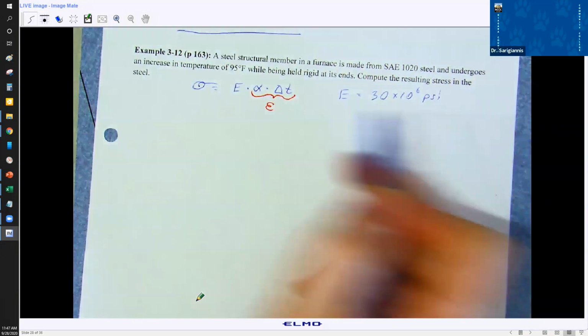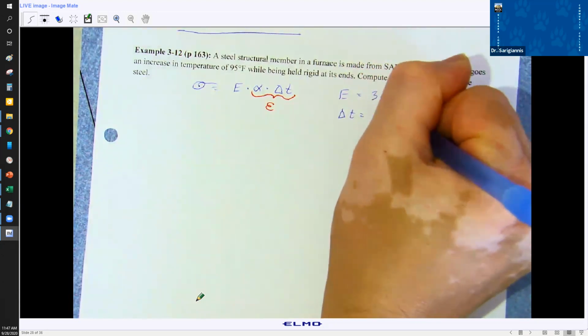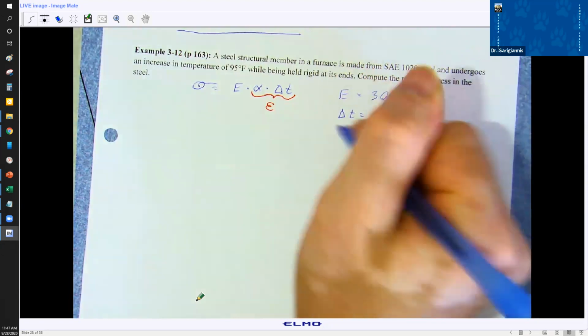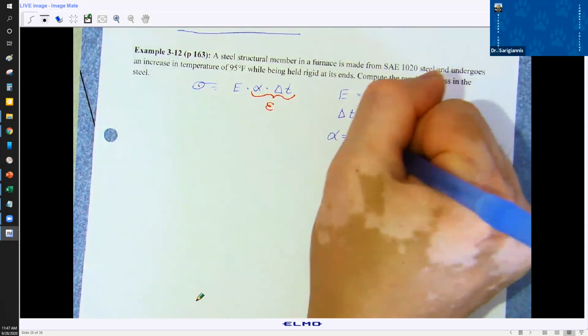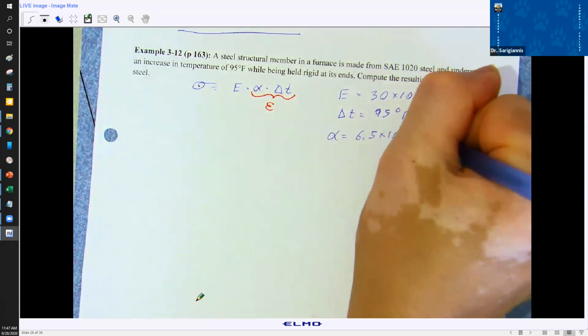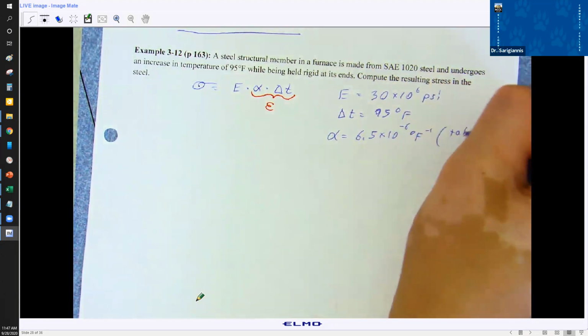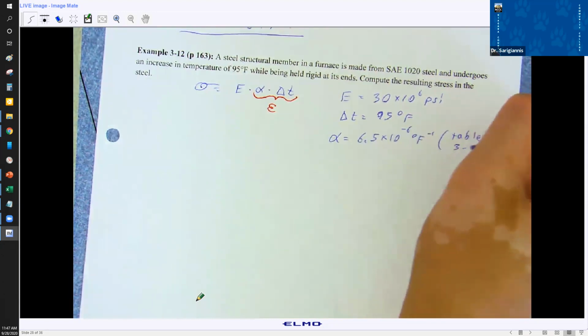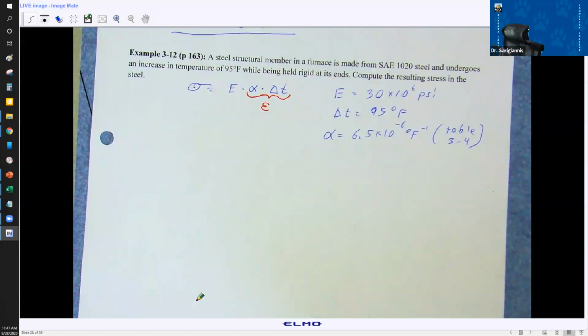The delta T is 95 degrees F. And the alpha is 6.5 times 10 to the minus 6 per degree Fahrenheit. This is from table 3-4, the same table we used in the last problem, except now it's not in metric, we're taking the Fahrenheit units.